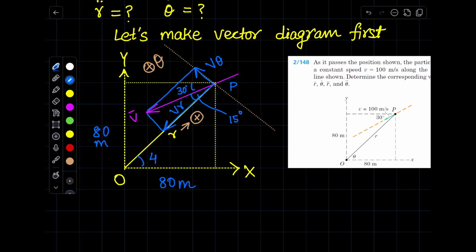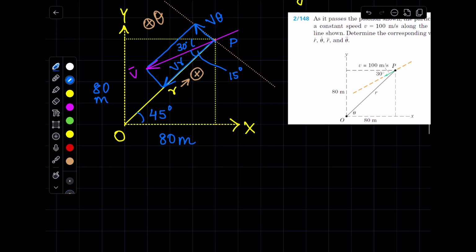And I also wrote 80 meters on the x-axis and on the y-axis. So you can see that the point P is at equal distance in the x and y directions, so you can easily calculate r. I'm going to write the initial value for the vector v.